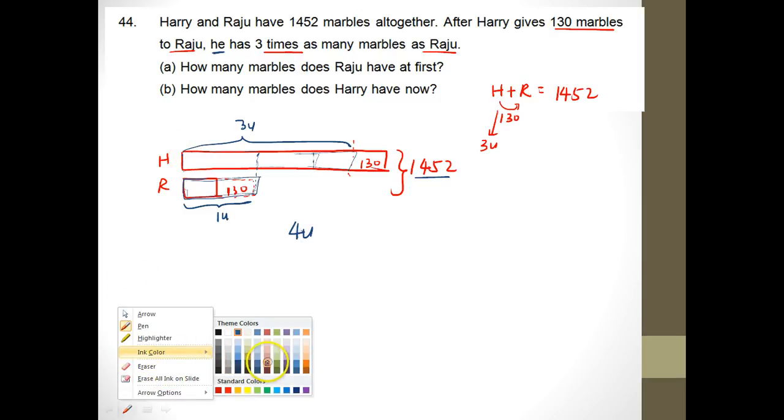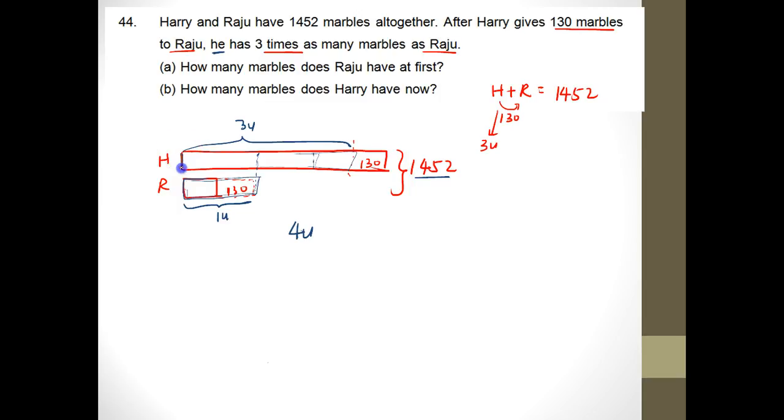I'll use another color. This is 1 unit, 2 units, 3 units, 4 units. So 4 units is 1,452. Therefore 1 unit will be 1,452 divided by 4, which is 363.